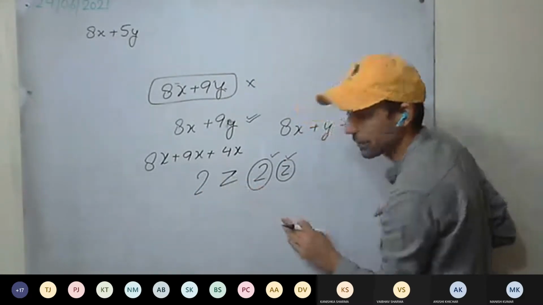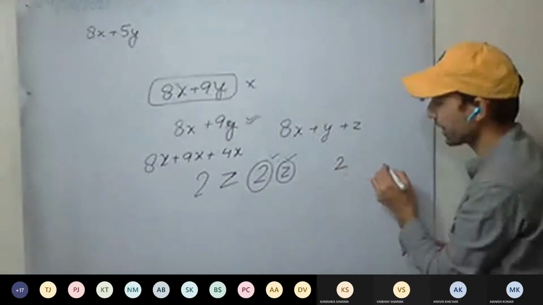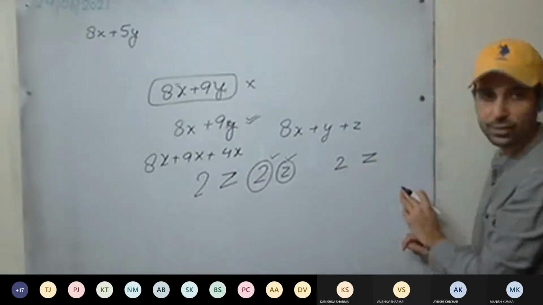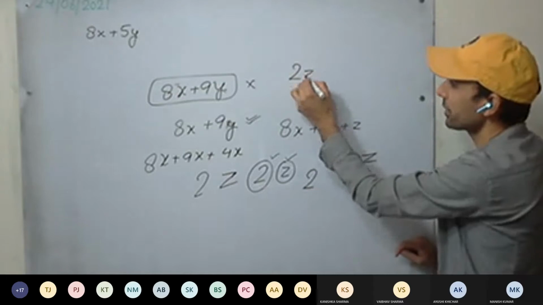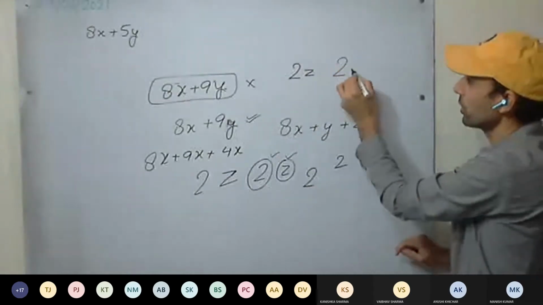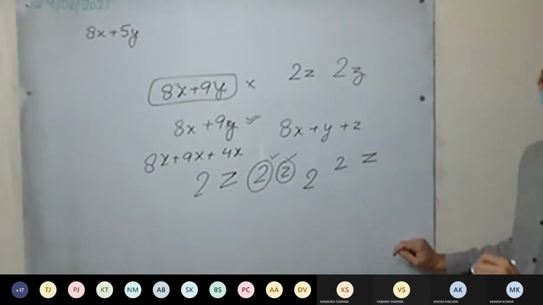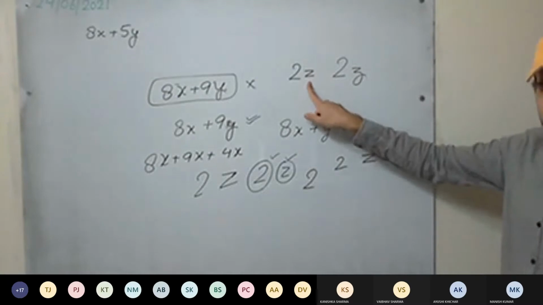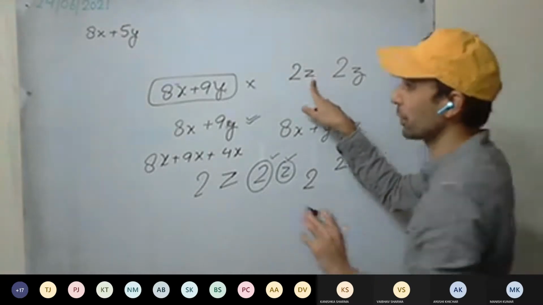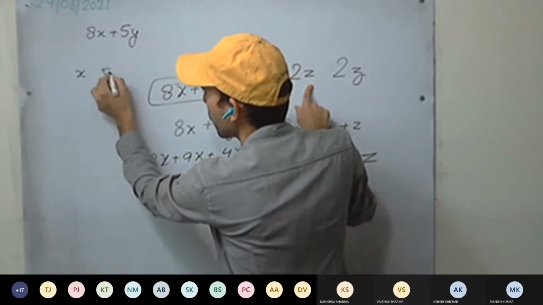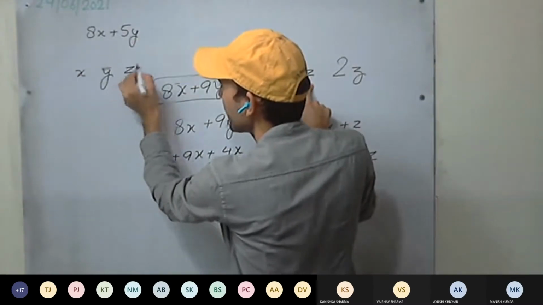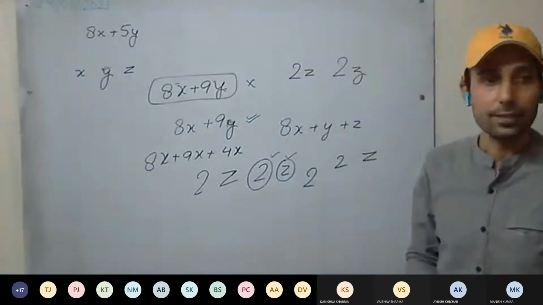Don't write z like this. If you're writing 2z, it will be like this. Mainly I prefer this z, as written in the book. So x, write it like this, y this one, and z this one. This is clear?